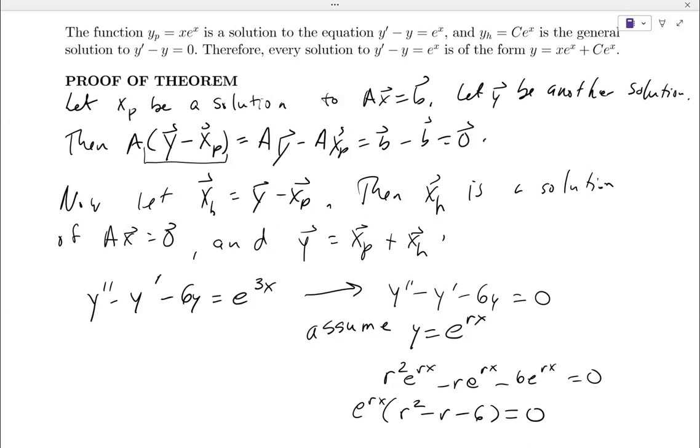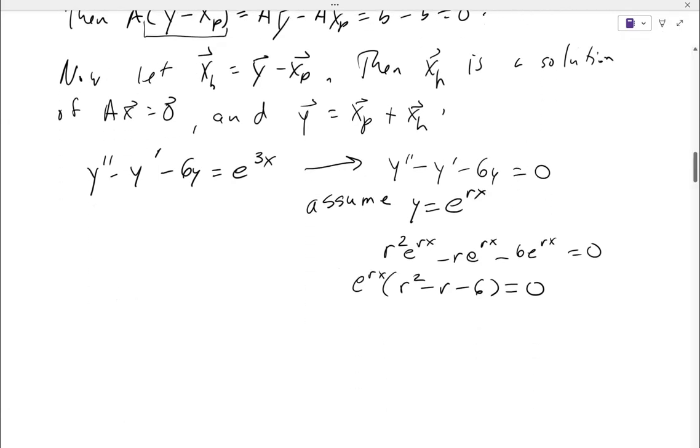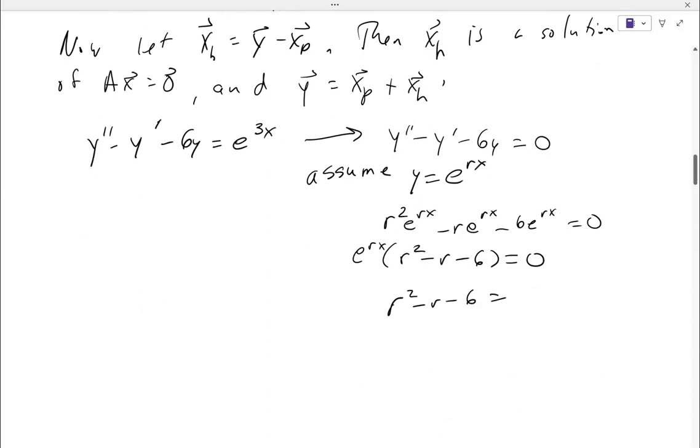That product now has to be 0, and it has to be what we refer to as identically 0, right? It has to work. It has to be 0 no matter what I plug in for x. Is e to the x ever 0? No. So the only part that is 0 is r squared minus r minus 6 is 0. Factors. So your r has to be 3 or negative 2.